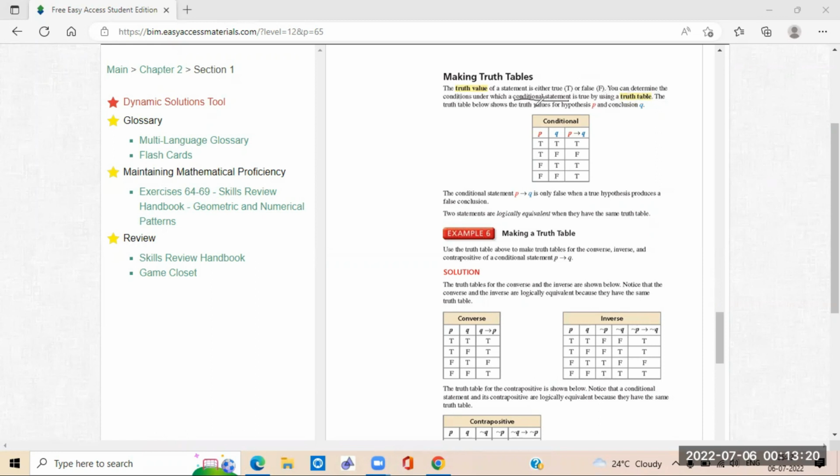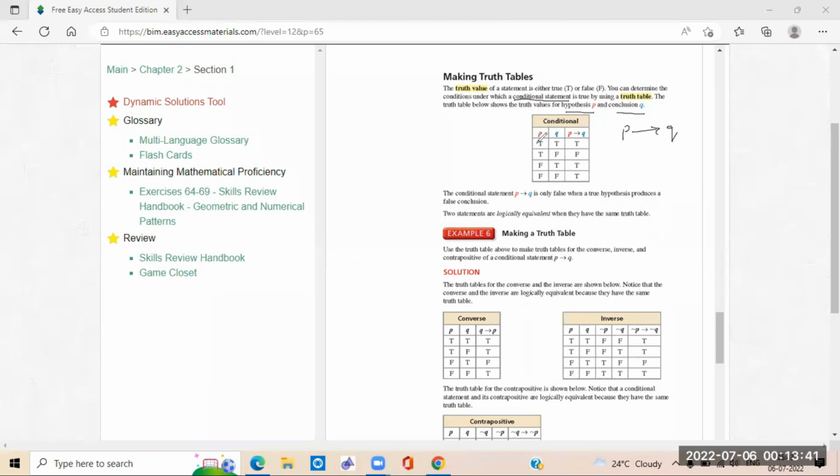The truth table below shows the truth values for the hypothesis and the conclusion. When we take P implies Q, the conditional statement, you write P, Q, and P implies Q. These are the three columns for the conditional statement always.